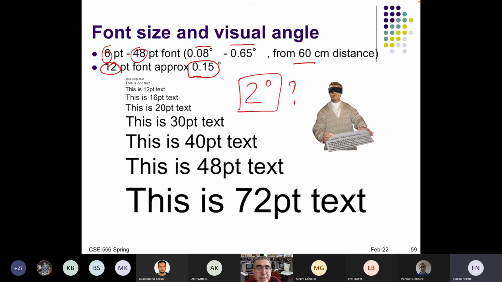how many letters can we fit? Can one of you type on the right? How many letters will fit in 2 degrees in 12-point font? I'm waiting for the answer in the chat box, or you can say.